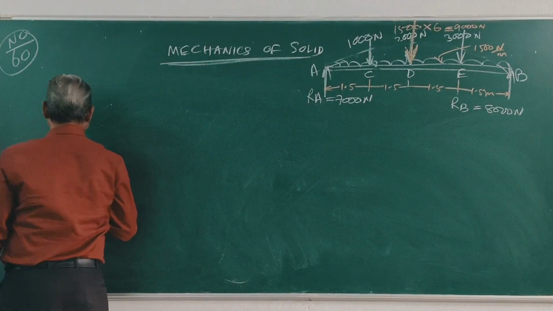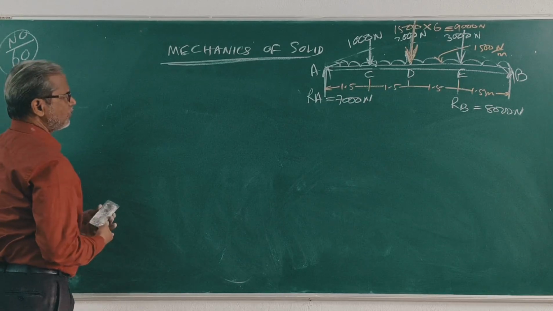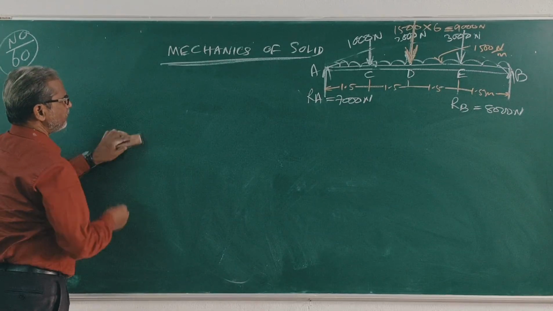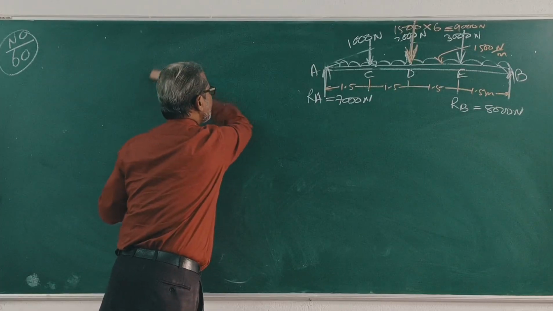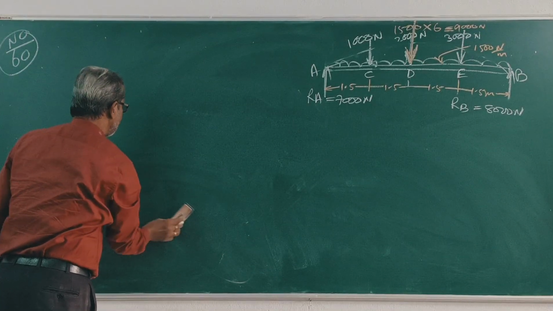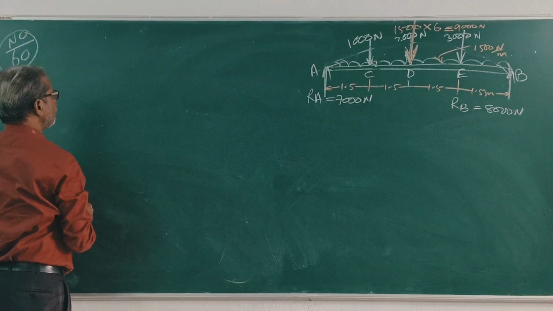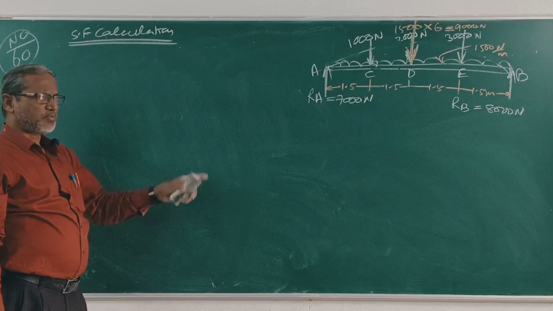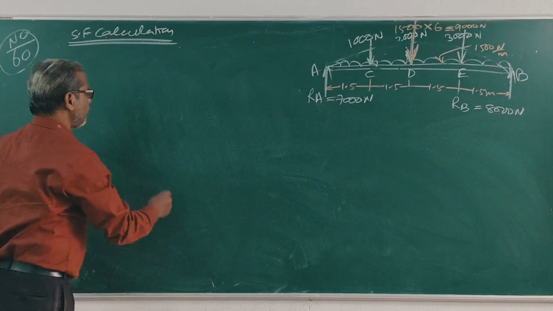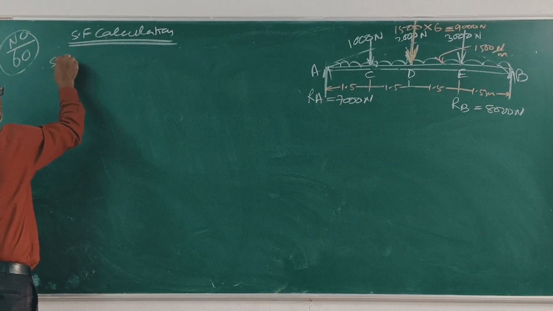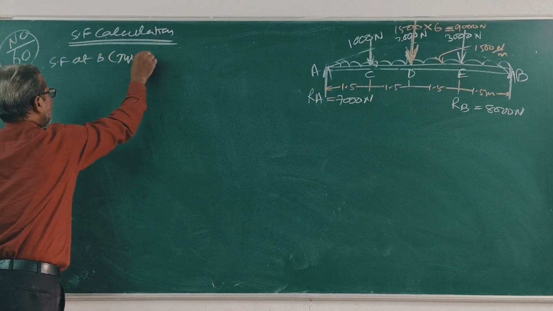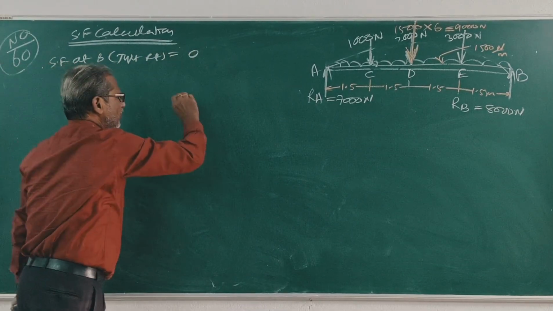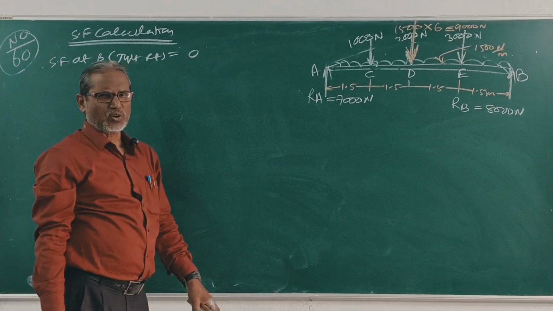Now make the calculation for shear force. Shear force at B just right is 0, because beyond B there is no load.